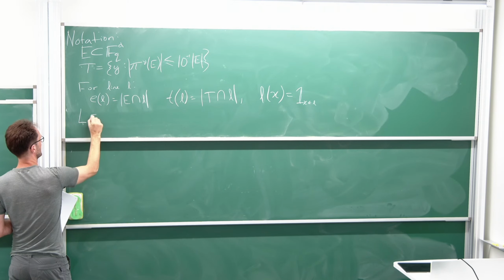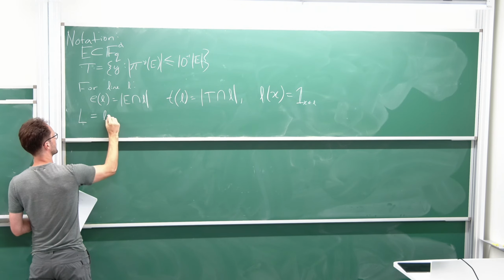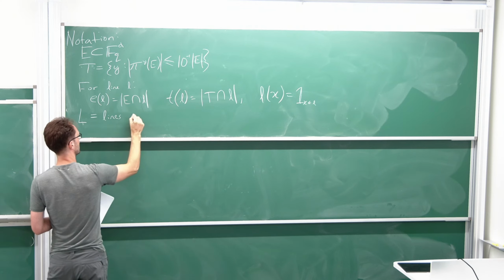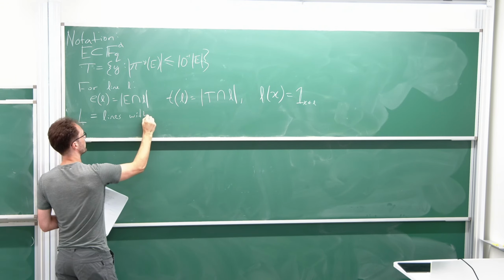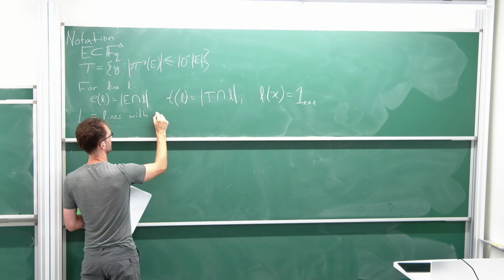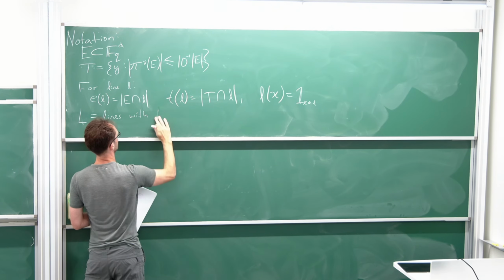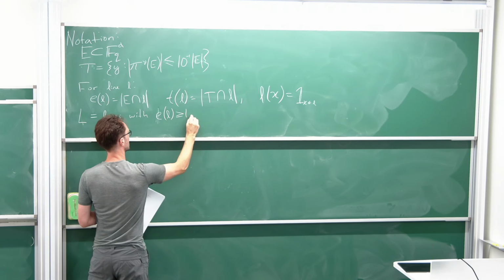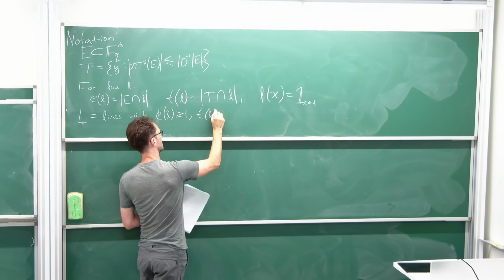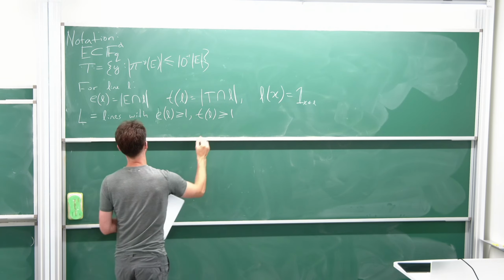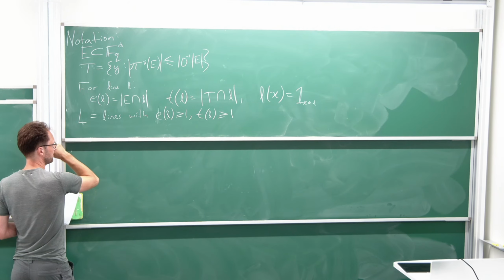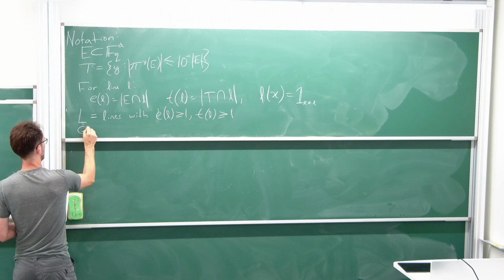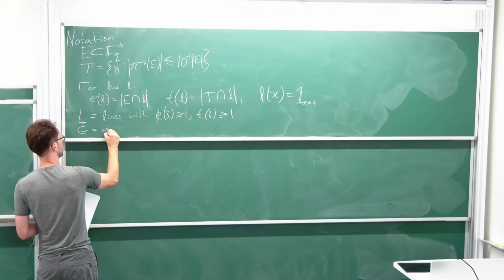And then L is the set of lines that contain at least one point from each of E and T. And G is just the set of all lines.